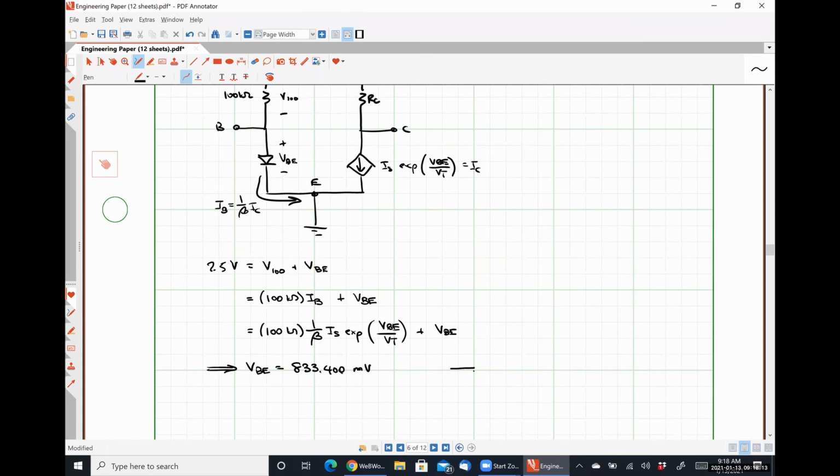And that in turn allows me to calculate my collector current, IC, which I get to be 1.667 milliamps.